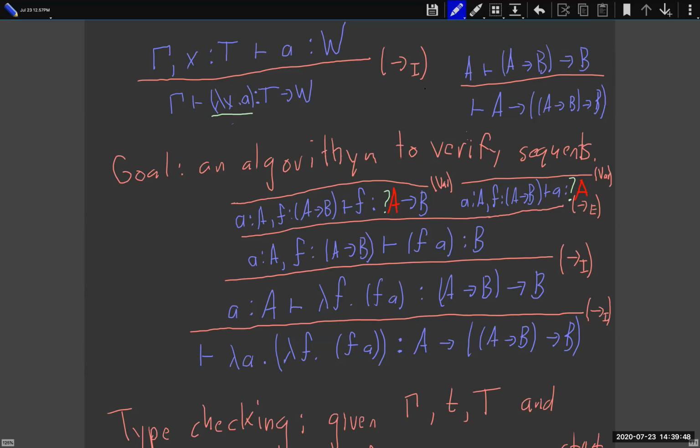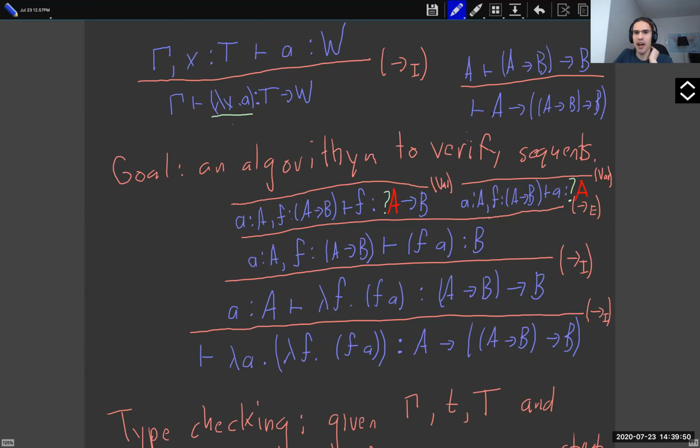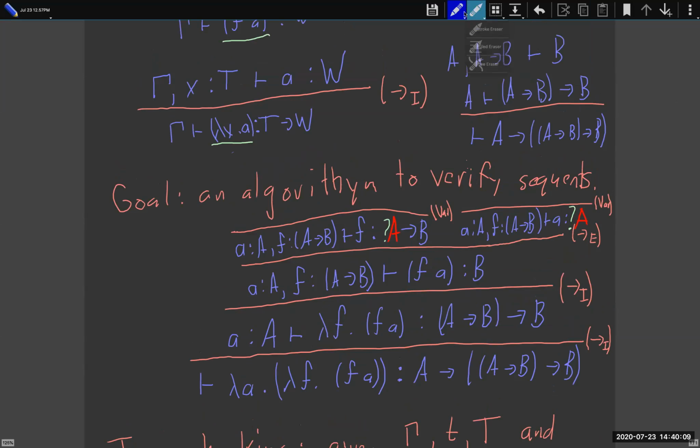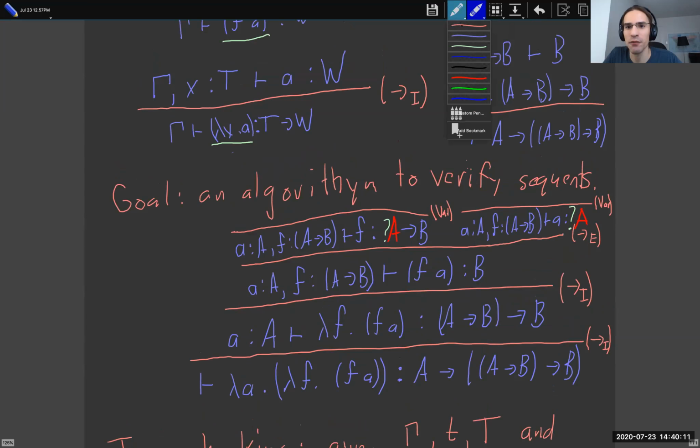Okay, and then I go one step above. The next line would be in the context where I have two assumptions, not only A, but also A implies B. From those assumptions, if it's true that B is provable, then it should also be true that that formula formed from implication is provable with one less assumption, right?